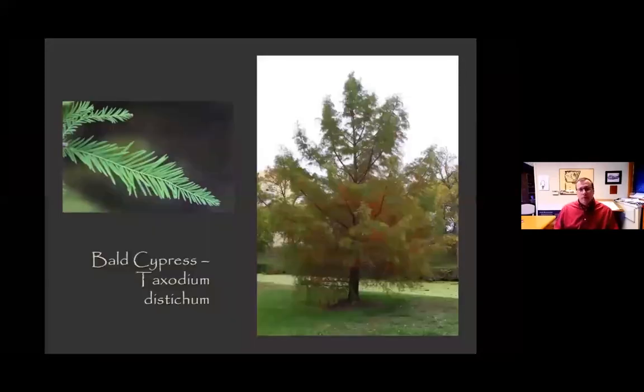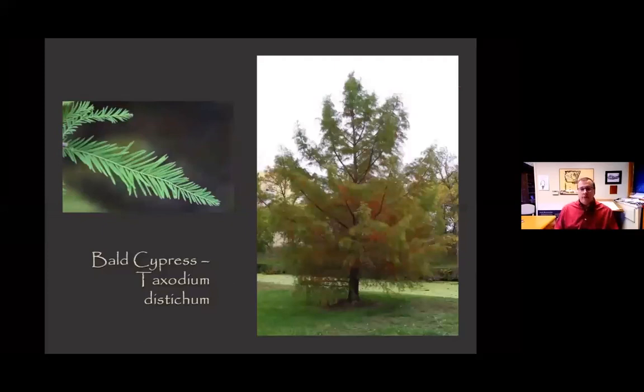Bald cypress. I'll show you a picture at the end here of our native bald cypress. Does best again in areas that are consistently moist, relatively fast growing. It's a deciduous conifer, but you can see here it's starting to turn its fall color, kind of this russet red, but then it also produces knees right next to these wetter areas.